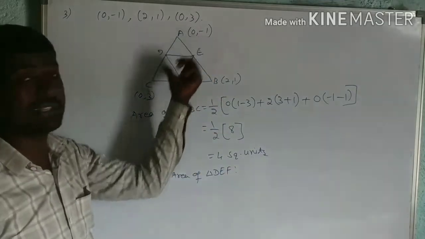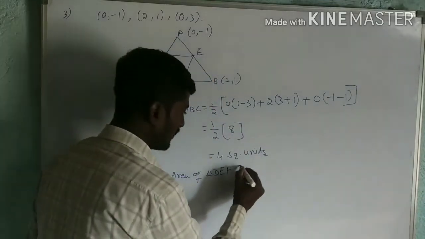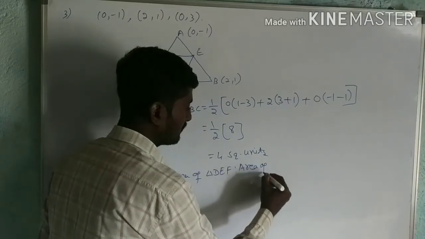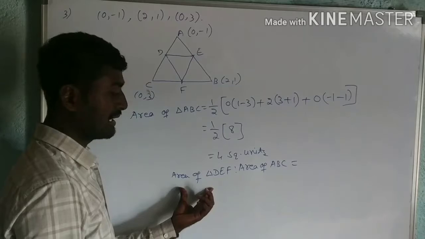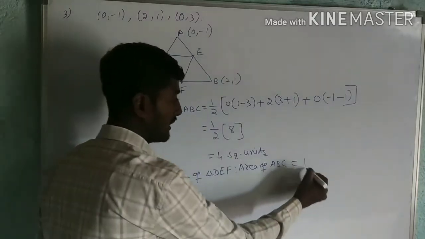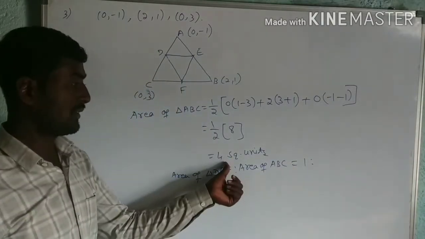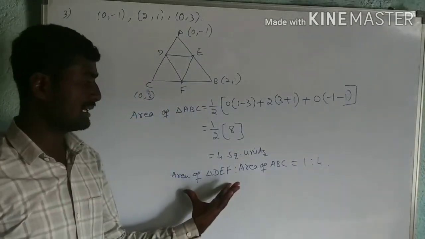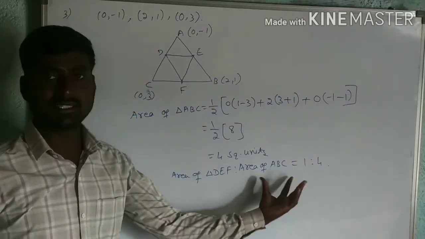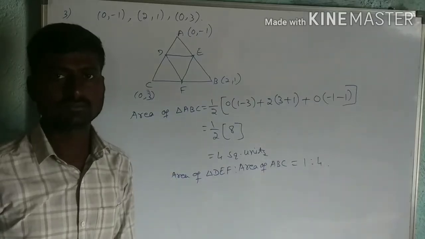Given triangle means ABC. So divide it by the area of ABC. So this is equal to area of triangle DEF. Already I got 1 square unit, and the area of ABC is 4. Okay. So this is the ratio. Area of triangle DEF to the area of triangle ABC is equal to 1 is to 4.